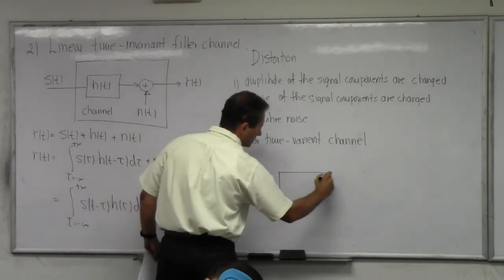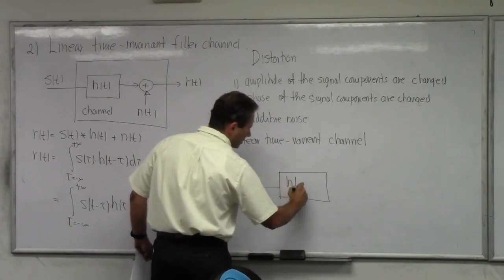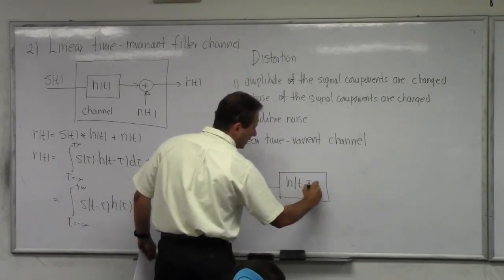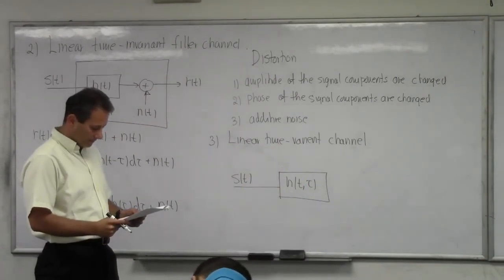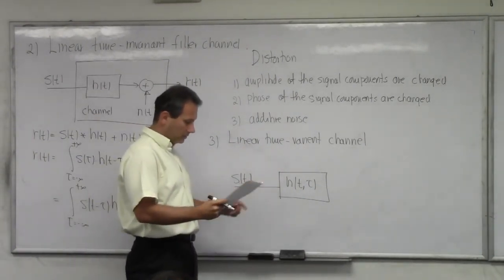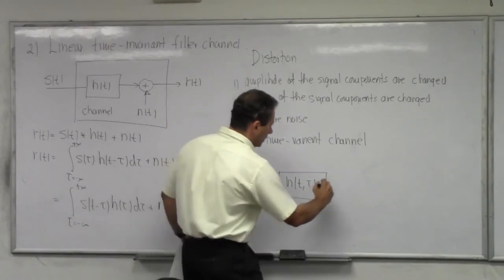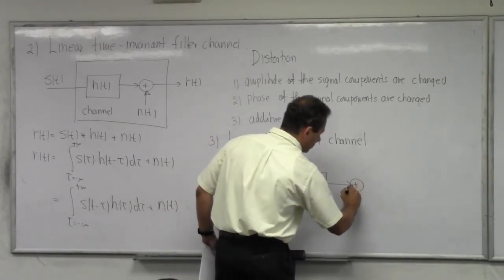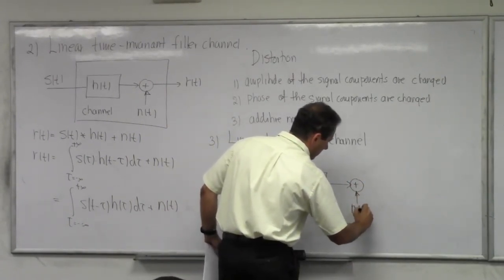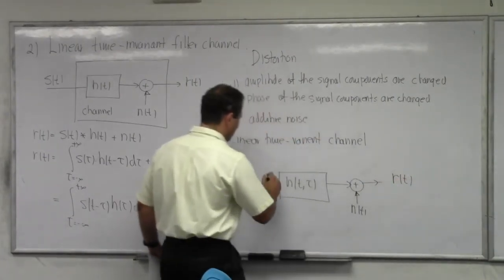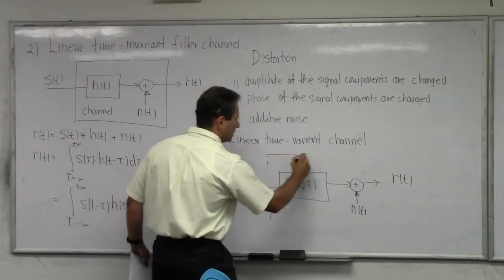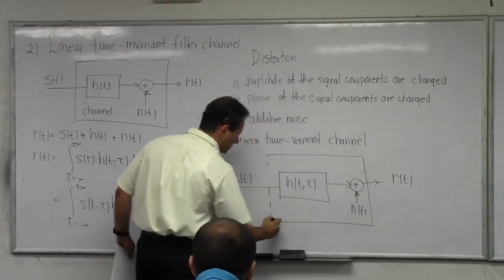You still have an impulse response, h, but now it's h(t) at some time tau, right? Some different time. And I'll explain this in a little more detail. And then the inevitable noise is added at the end to produce your r(t). So now this whole block makes a channel.